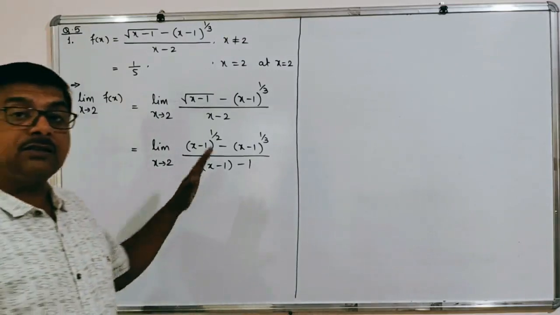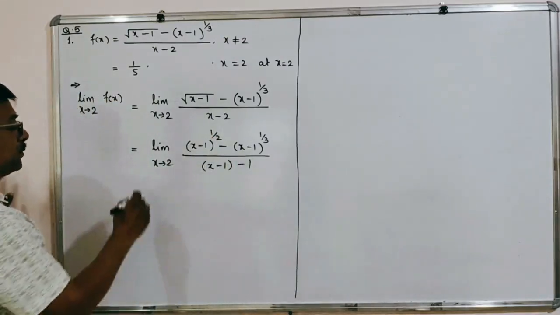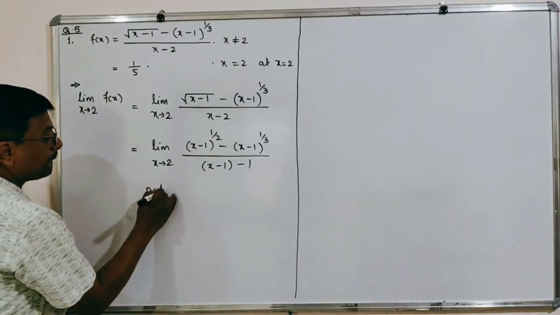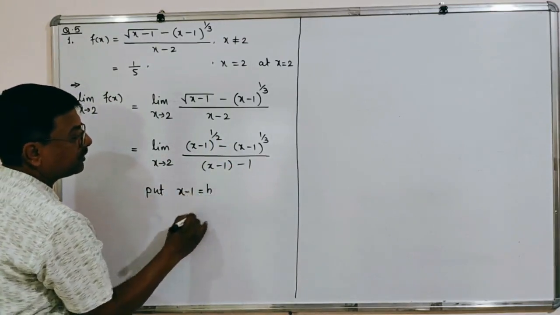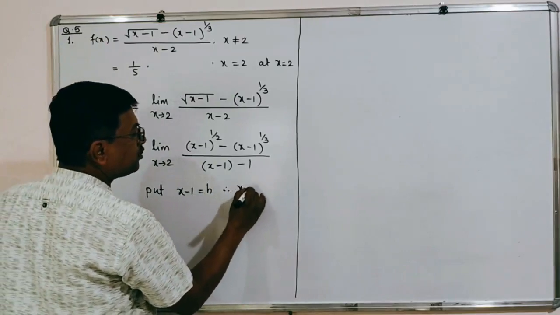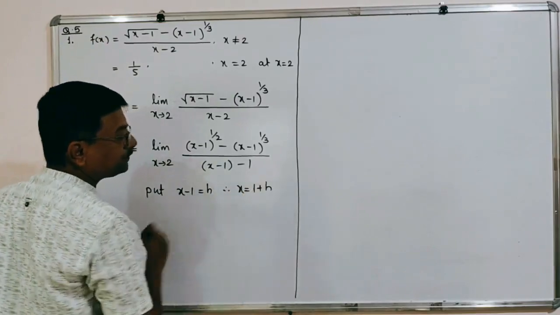Now we are using the substitution method here. Put x minus 1 is equal to h. Therefore we have x is equal to 1 plus h.